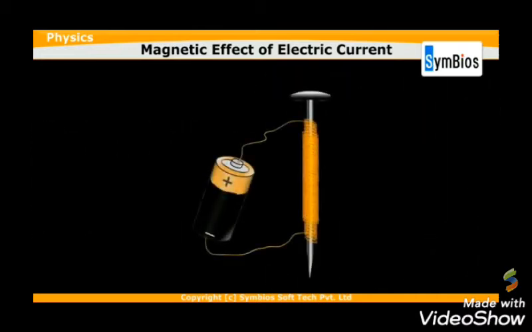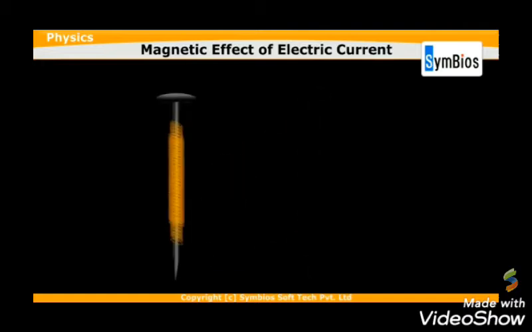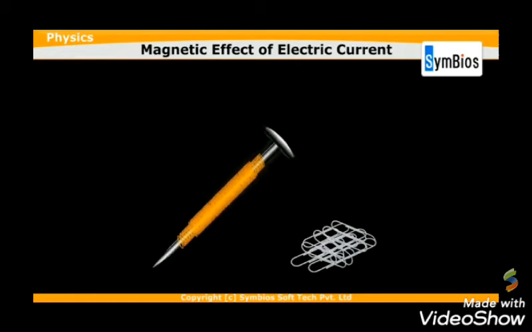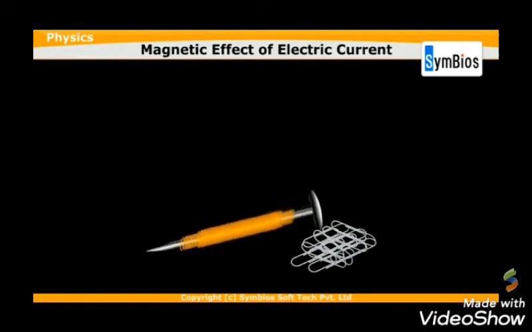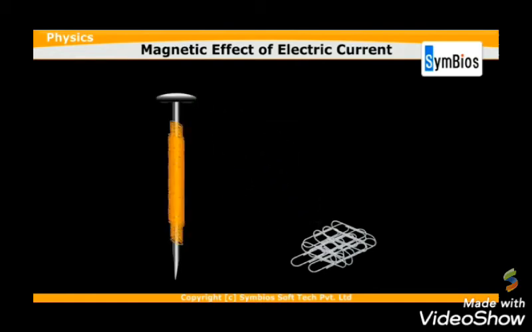Let us understand the electromagnetic property by a simple circuit. The copper wire is wound on an iron nail. You can see there, the paper clips are not attracted. Simply the nail on which the copper is wound will not attract paper clips.